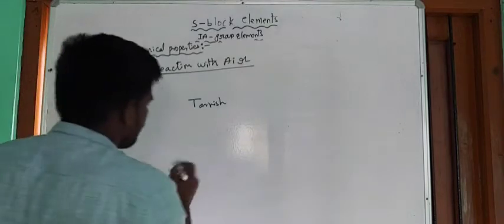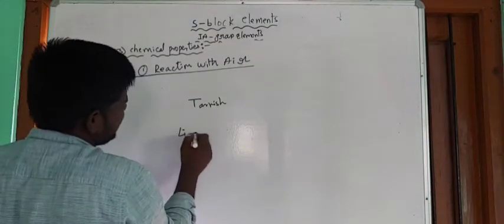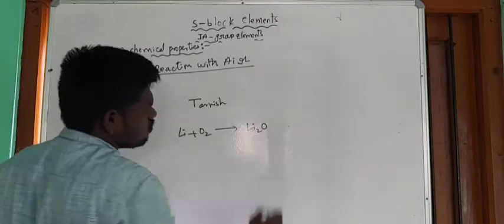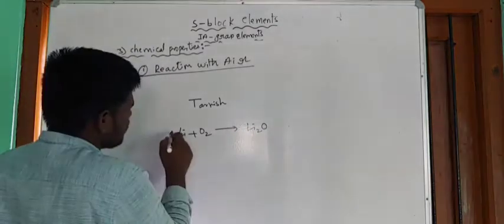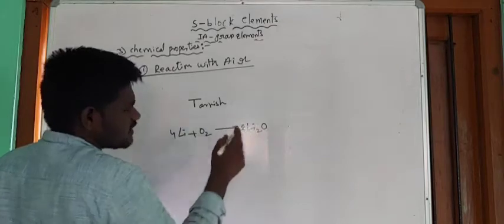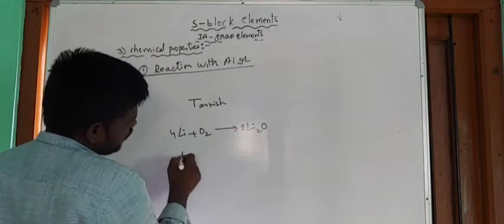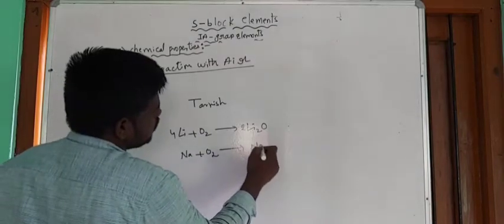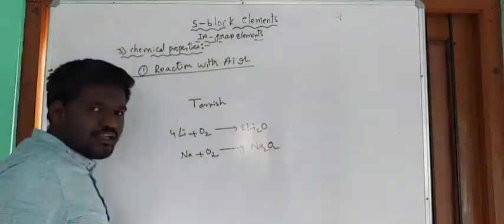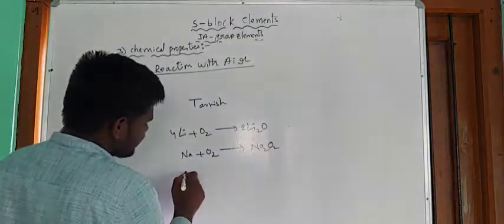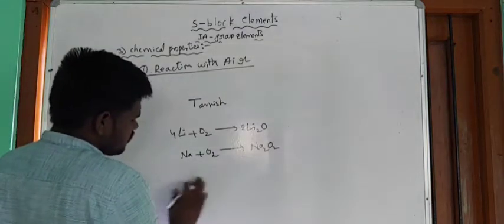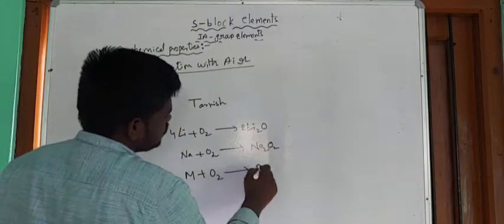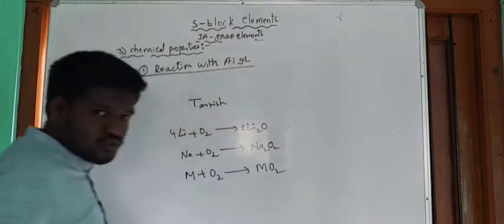Okay. So now, if you treat lithium with oxygen, we get Li2O, lithium oxide. To balance this, multiply with 4, next here 2. Next one, when you treat sodium with oxygen, this one gives sodium peroxide, Na2O2. And the remaining metals, when you treat them with oxygen, they give superoxides.